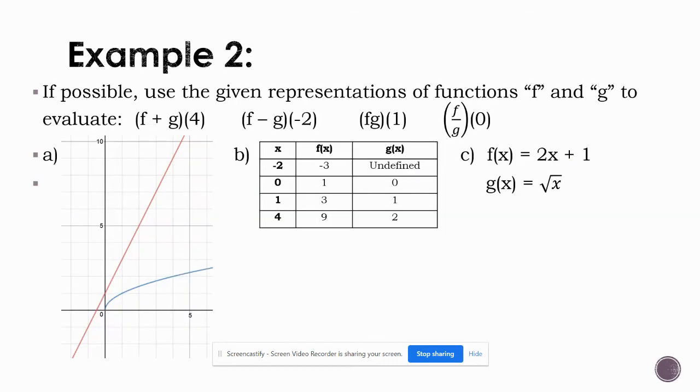All right. So what happens if rather than given equations, we have these instead? So let's start with A. For A, it's asking us first to add F and G when we make F4 and G4.